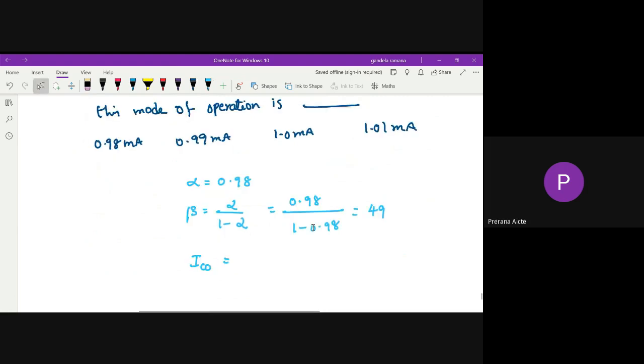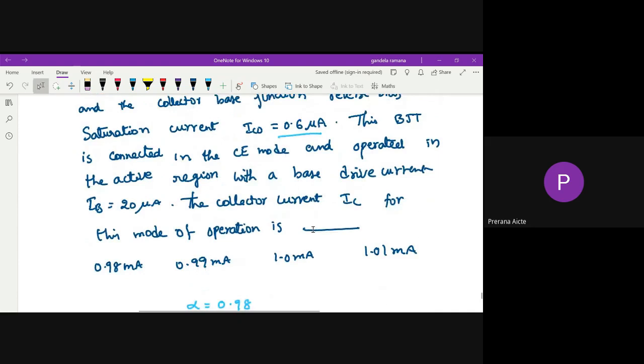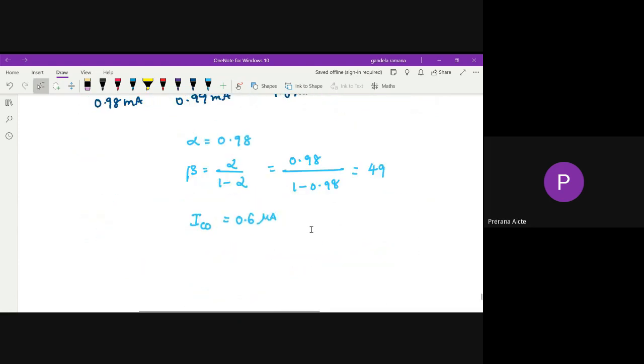So IC naught is 0.6 microamperes. What is the IB value? IB is also given, IB is 20 microamperes. So here IB is equal to 20 microamperes.